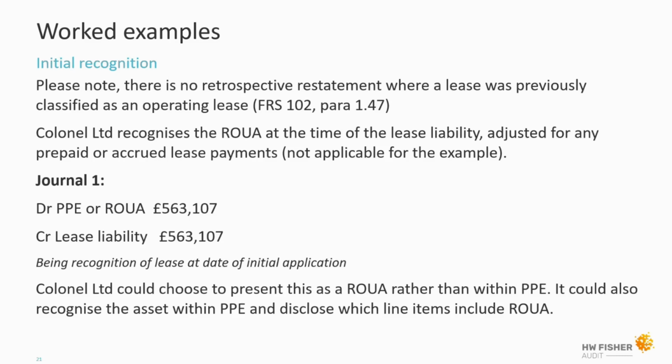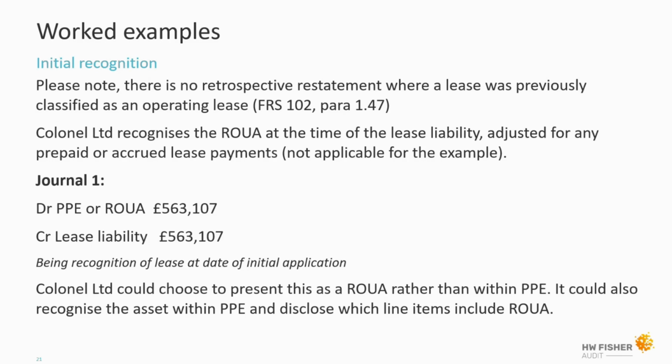So we're not restating, as said. We're just bringing that lease and that liability on. We recognise that for our 1st of April, effectively, it comes on at that point. So you're bringing onto your balance sheet the lease liability that we've just calculated, and we're matching that with the right of use asset.